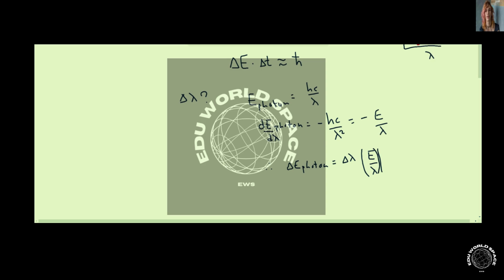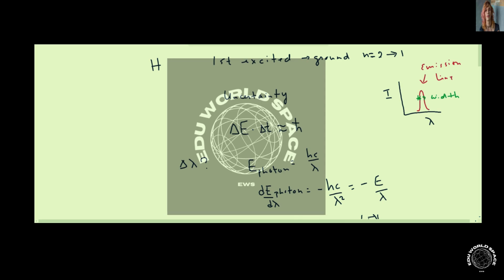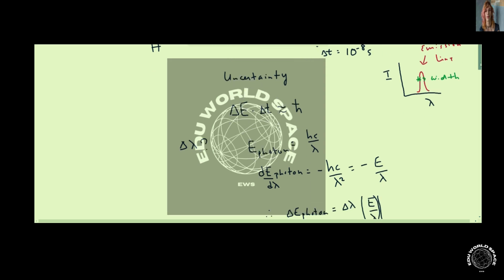Okay, so now let's kind of work through the details. What we're told is for this particular state, delta t is 10 to the minus 8 seconds. So it exists in that state for roughly 10 nanoseconds.